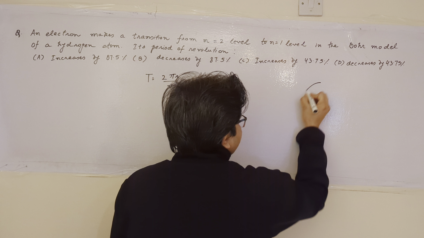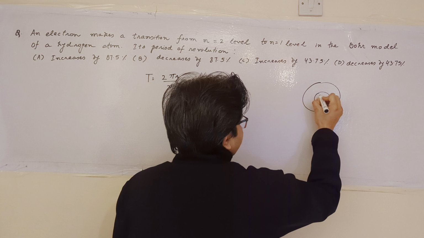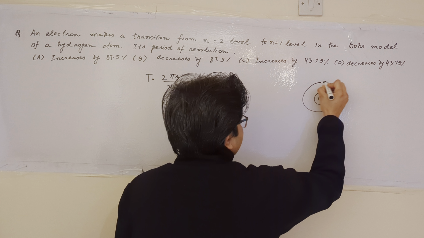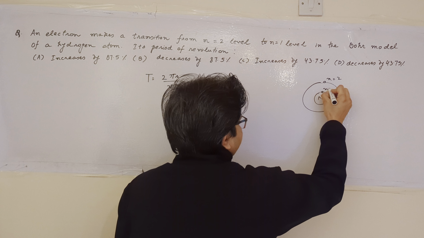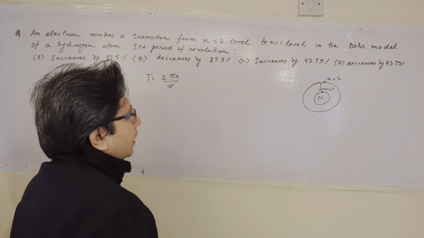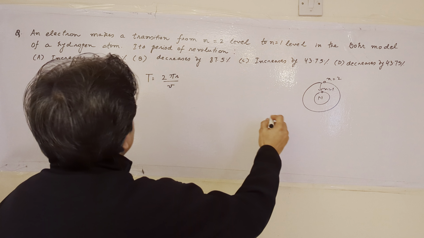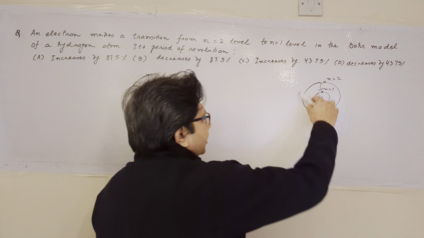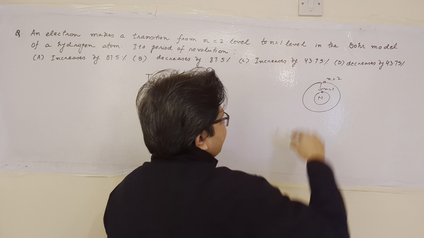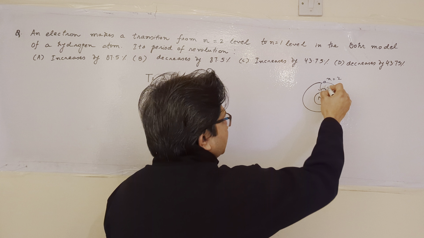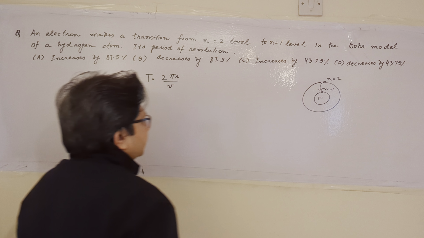So the situation is like this: there is a nucleus, and surrounding this nucleus, suppose an electron is jumping from n equals 2 level to n equals 1 level, and we have to find out the change in the period of revolution. Period of revolution means the time taken by the electron to complete one cycle. So how it changes when it moves from n equals 2 level to n equals 1 level, that thing we have to calculate.